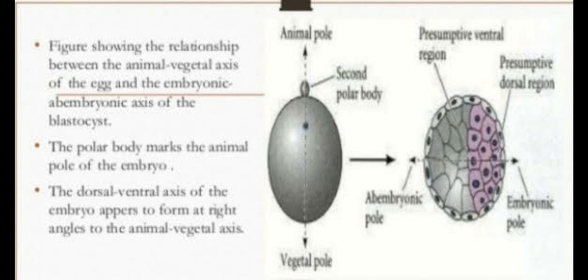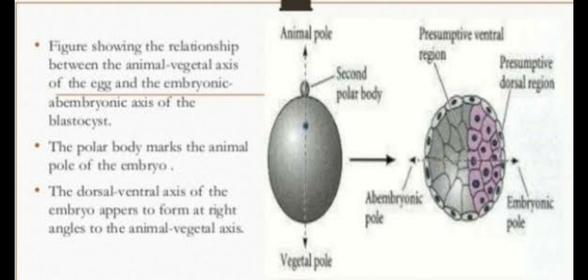The placement of the inner cell mass appears to be specified by the point of sperm entry. One cell of the first two blastomeres seems biased to become inner cell mass, while the other appears to be biased to form the cells of the trophoblast.